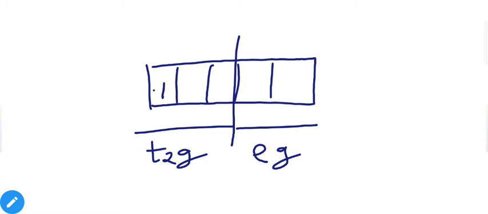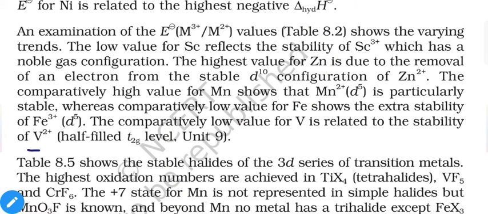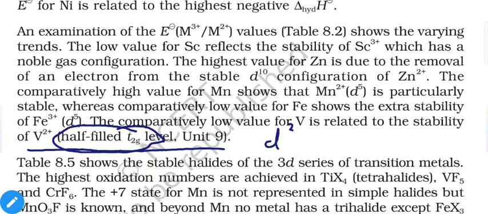So if electrons are present in these orbitals, then the d3 electronic configuration will also be a stable electronic configuration. The same thing is going on with V2+. It has half-filled t2g levels, that means it has a d3 electronic configuration. This point will be discussed in detail again later.